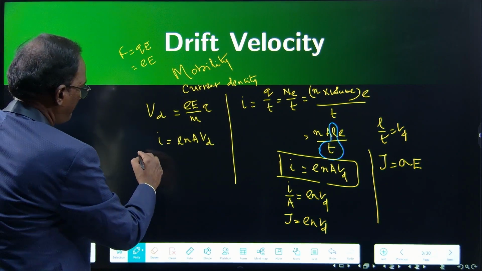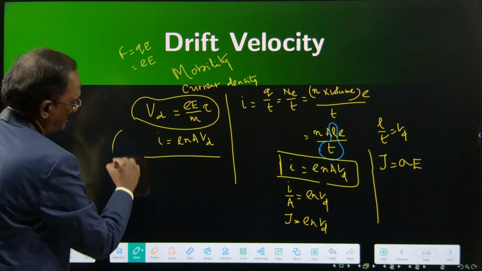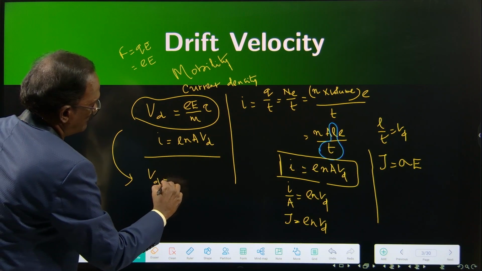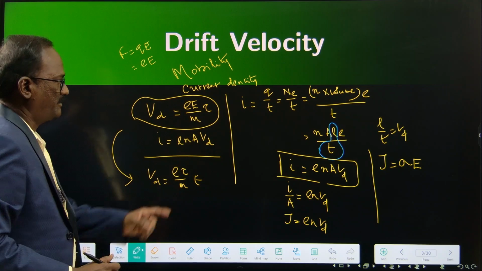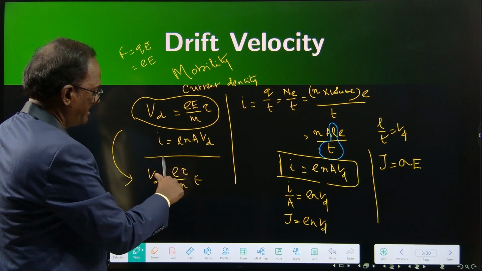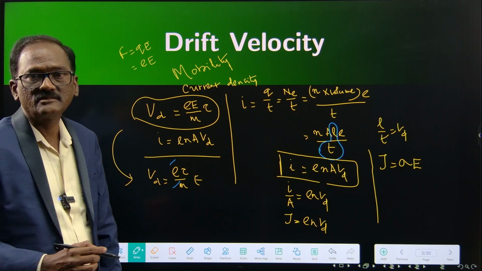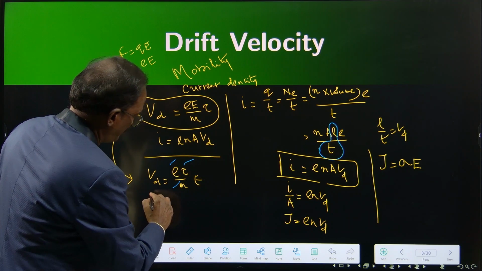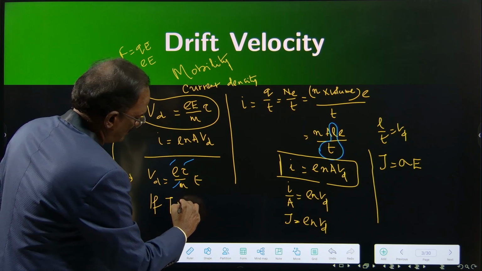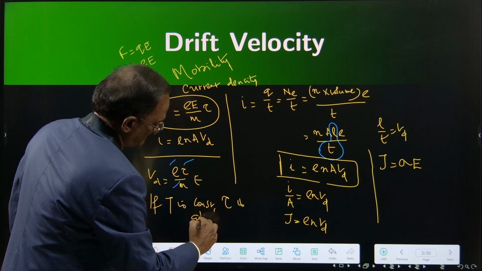Then mobility. From here let me write Vd is equal to e tau by m into E. I am grouping tau here, right? e is constant, the charge on the electron, m is constant, the mass of the electron, and tau. If you keep the temperature constant, tau is also constant.